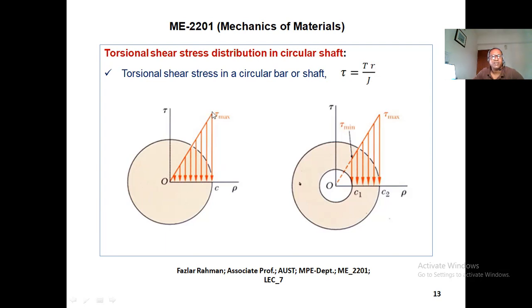So this is the distribution of shear stress in a solid circular shaft. If you have a hollow shaft, then in this portion there is no material, that means there is no shear stress, right? So for point C1, you put the inner radius over here. For the outer fiber, you put the outer radius.